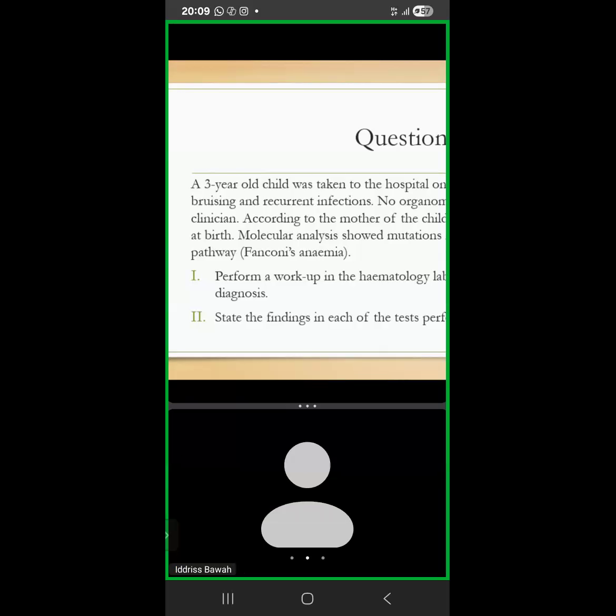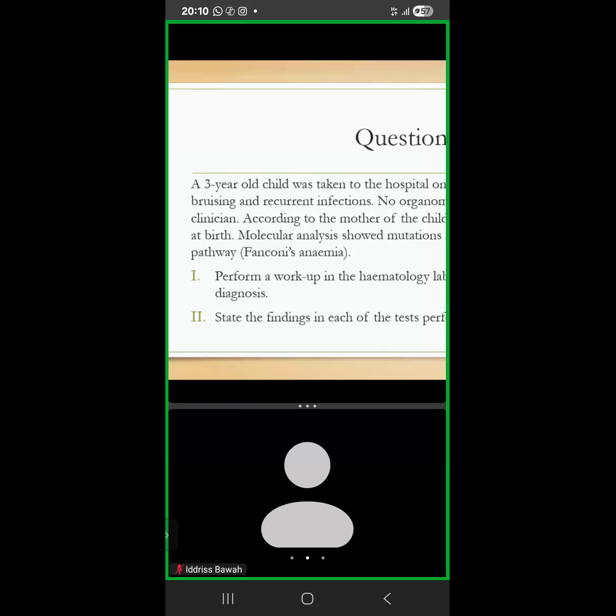Looking ahead, when you see these pancytopenias, there are conditions that will come to mind. Aplastic anemia is one of them. And you're right, aplastic anemia is one of the conditions that occur in bone marrow failure. You're not wrong.